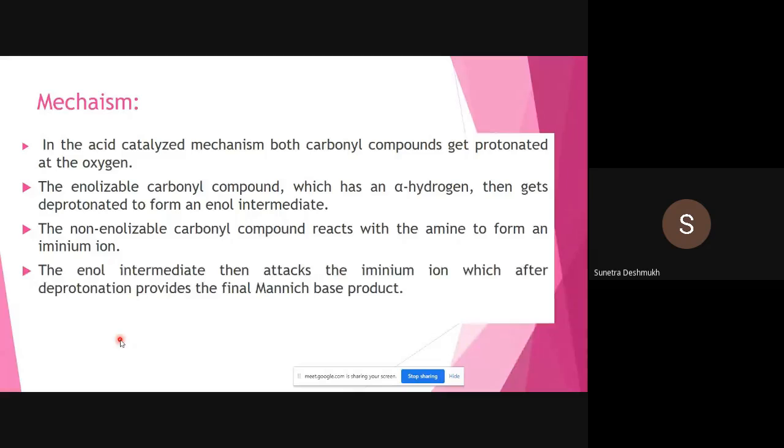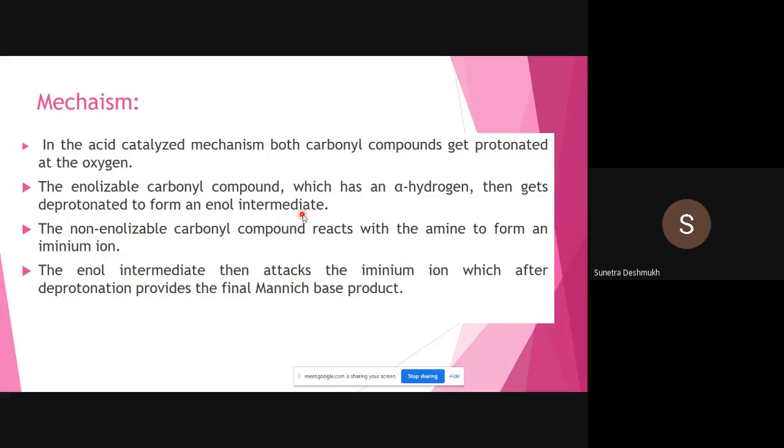This is an acid-base reaction to protonate the carbonyl oxygen. Protonation of this oxygen increases the positivity at the carbonyl carbon, so the carbonyl carbon becomes highly electrophilic and a nucleophile can attack easily on this electrophilic carbon atom. So anywhere, if you treat ketones or aldehydes in the presence of an acid catalyst, the first step is protonation at the oxygen atom.